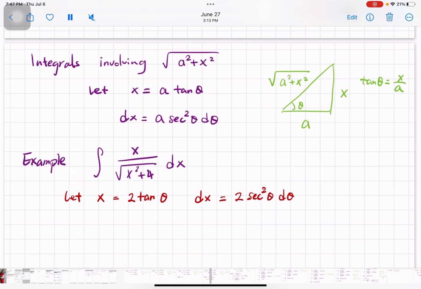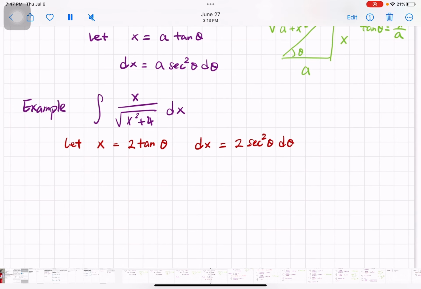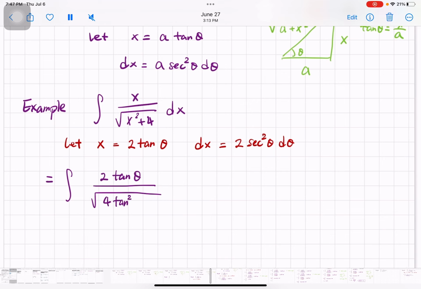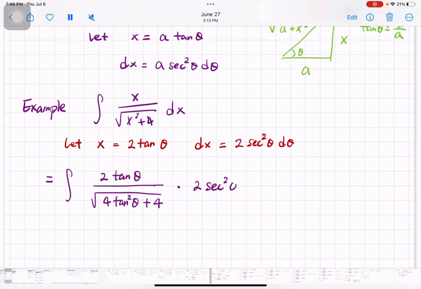Now we can replace the x and the dx as 2 tangent theta over the square root of 4 tangent squared theta plus 4. And then the dx will become 2 secant squared theta d theta.